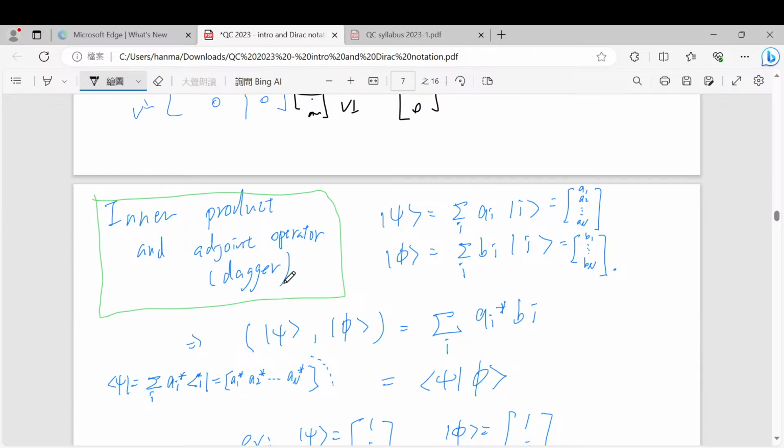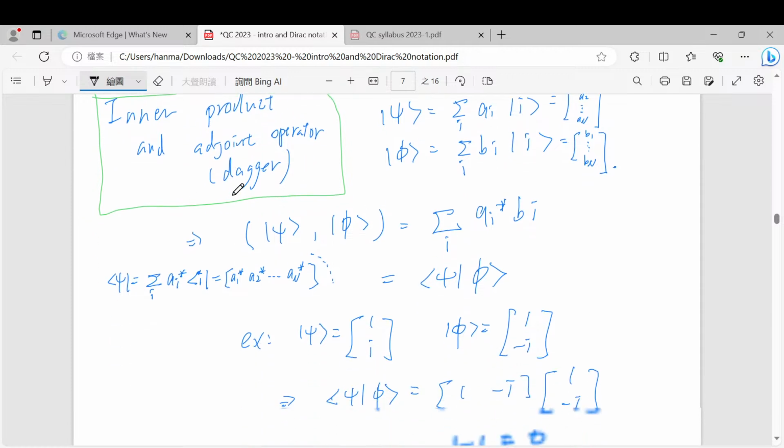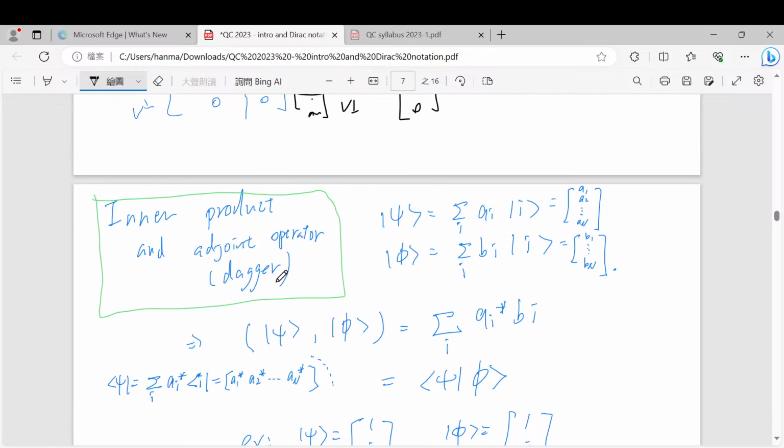Then there is the inner product and the dagger operation. As we say, the dagger is good for doing the inner product because that's kind of how the inner product is defined for complex vectors. So for example, you have two kets, psi and phi. Psi we write out in basis elements with coefficients a1 to an, and phi has coefficients b1 to bn.